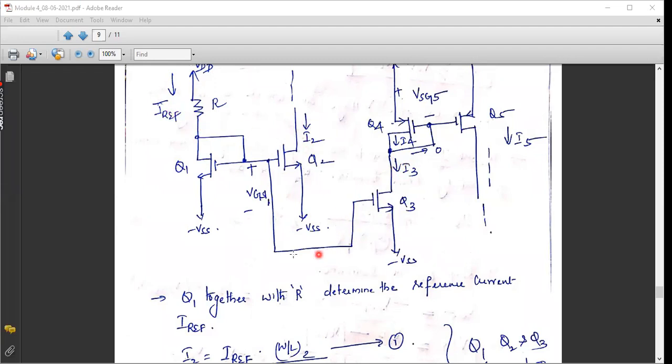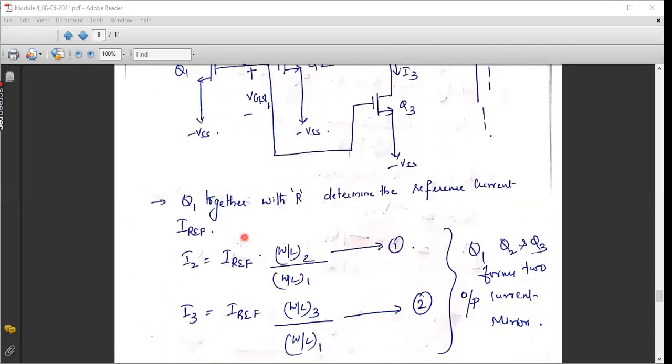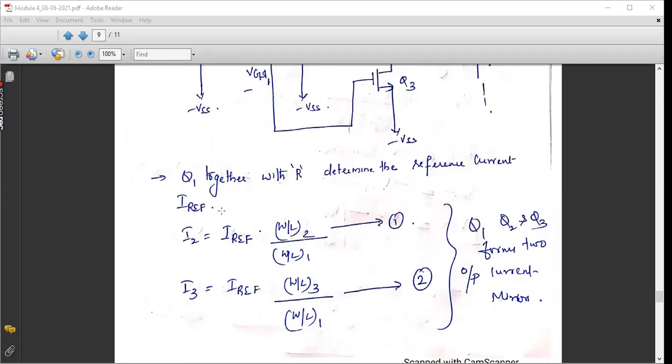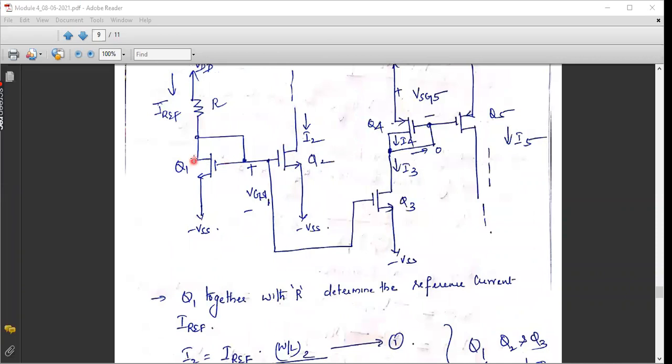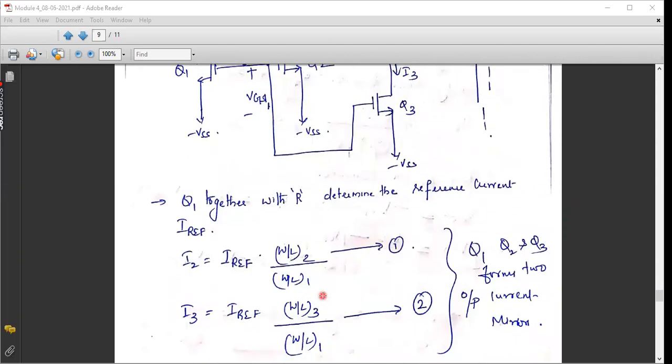Similarly, I3 is also dependent on IREF because Q1 is connected to Q3 as a current mirror circuit. So how can you relate I3 with IREF? That is done by equation number 2. I3 is equal to IREF into the aspect ratio of Q3, because I'm going to deal with this as the output current, so we need to put this aspect ratio in the numerator, divided by the aspect ratio of the reference transistor, Q1, that is (W/L)1.